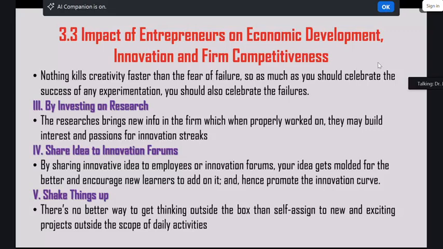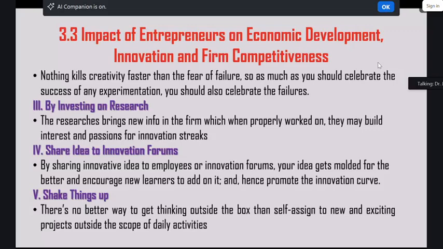Lazima uwe na research kwanza, then from the research unaweza kujua kwamba where are the gaps, where are the problems, and whichever the case. From those problems, those gaps, it's where we can come with innovative ideas, and then work upon them in order to implement or develop those innovative ideas into tangible things and the likes. So investing in research is another way that this entrepreneur can enhance innovations within the firms.